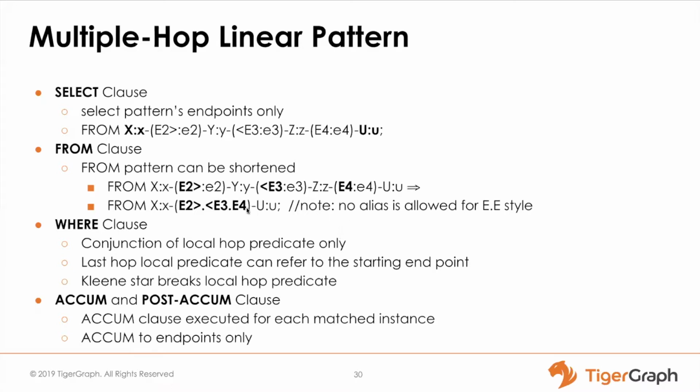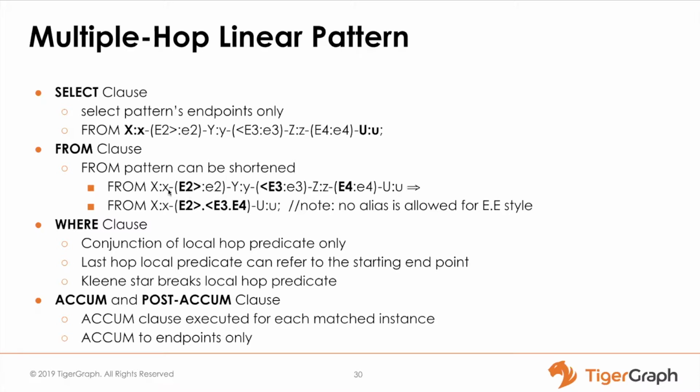And no alias is allowed to bind to this path at this point. And in the where clause, there's another restriction. The where clause is a conjunction of local hop predicates only. Taking this 3-hop example, you can specify any predicate or condition involving X, E2, Y. This is a local hop.